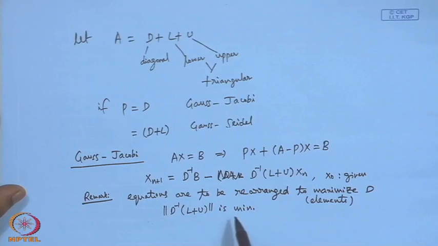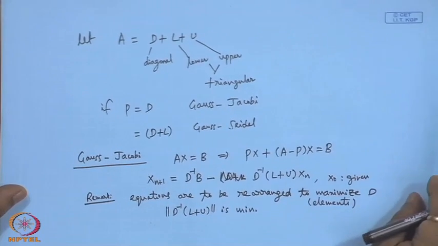This will ensure faster convergence. So this is the structure of Jacobi.